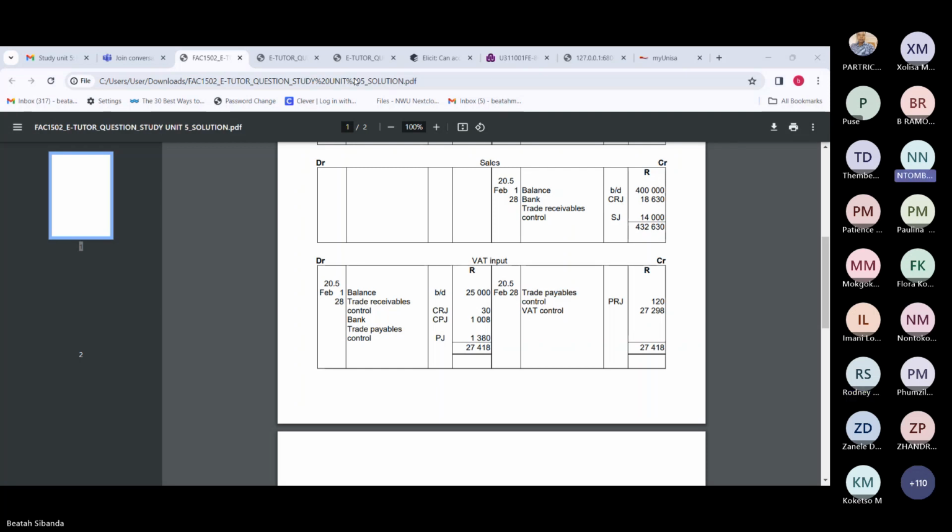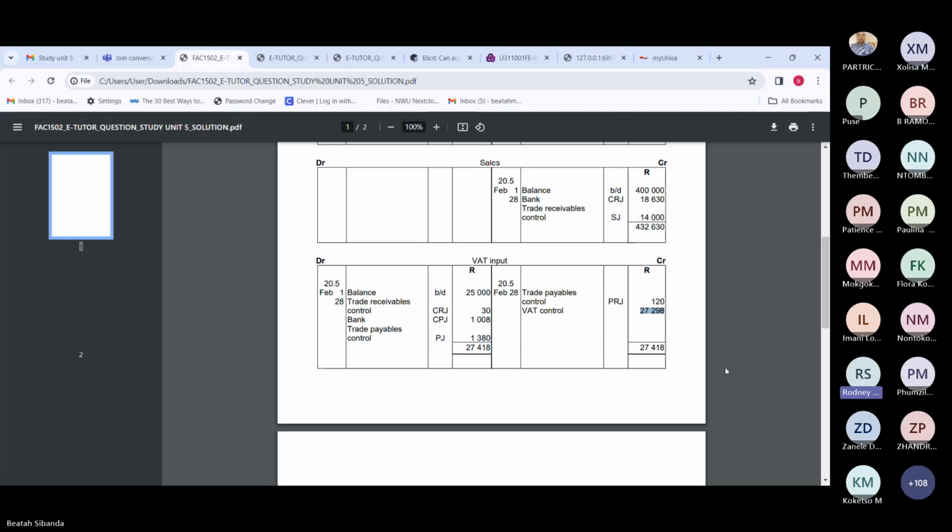Am I right? No, I want to correct you there. It's not 27,418. It's 27,298. That is the balance. That is what we are owed.